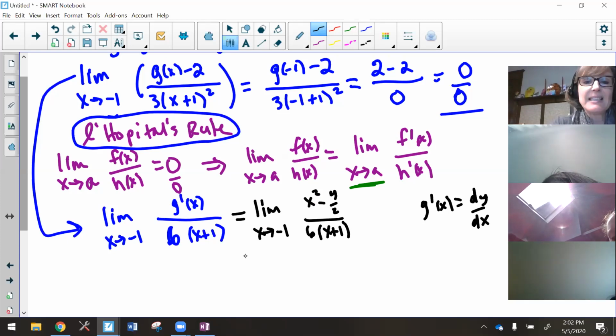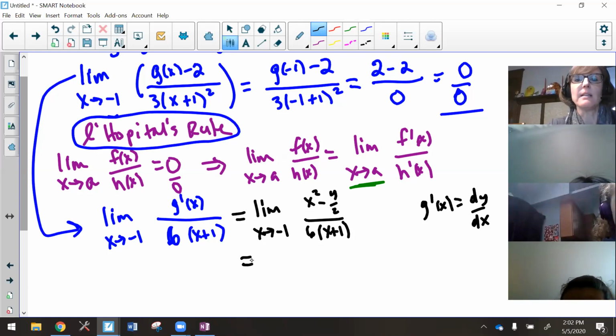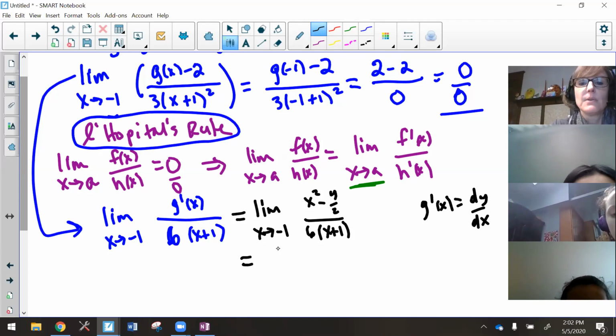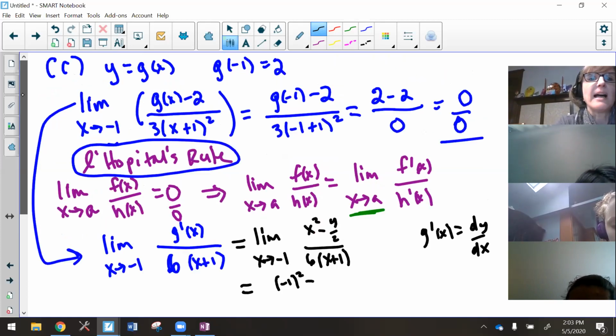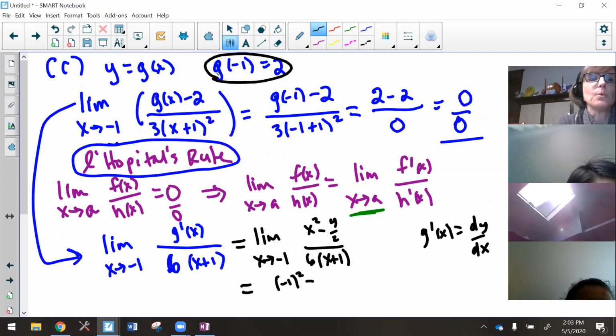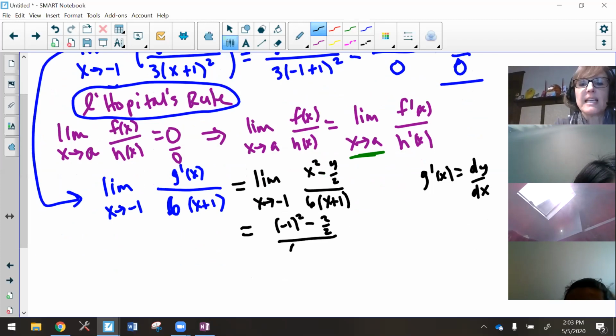And again, I've come to a limit. And the first thing that I do is I substitute in. So I'm going to have -1 squared minus, and y is going to be equal to 2, 2 over 2 over 6 times -1 plus 1.